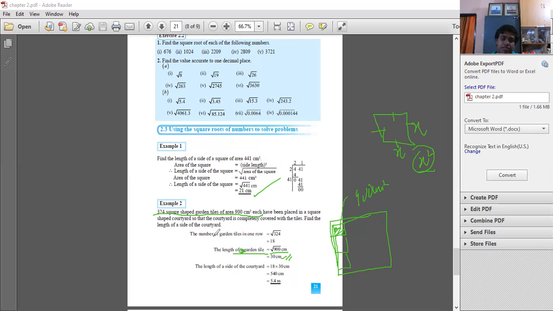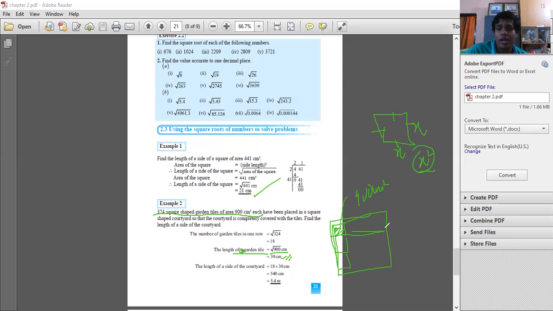Now they are saying the number of garden tiles in one row. There are 324 tiles in a big square. How are they going to find how many garden tiles are in one row?